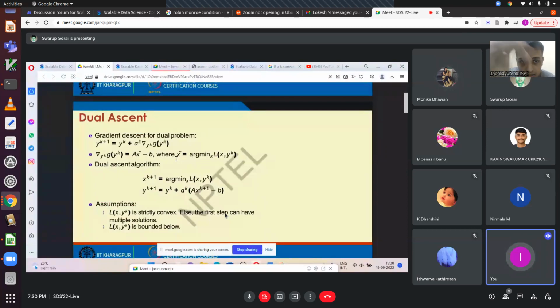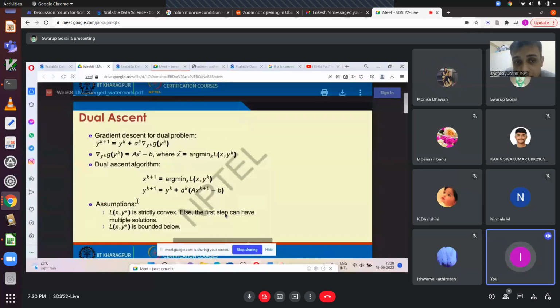But here the thing is, if the first point of attack, L(x,y), is not strictly convex. What does strict convexity mean? It means it has one global minimum, so there is only one unique x_{k+1} as the solution to that argmin. Then you can substitute it in the second equation and proceed.